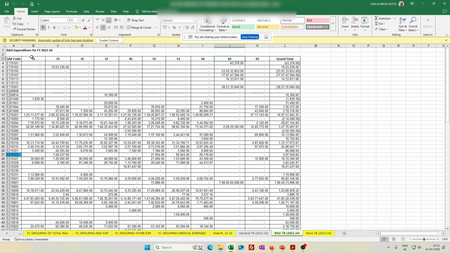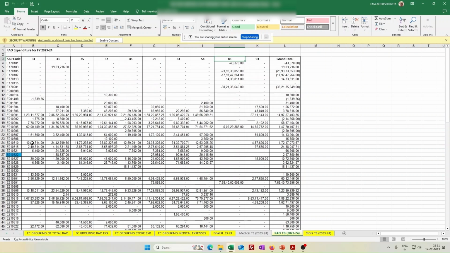Cost center, sorry, RAO wise data, different RAOs: 31, 33, 35, 37, 45. These are the RAO codes. That means this is a particular substation regional accounts office. Cost has been booked as per RAO wise.